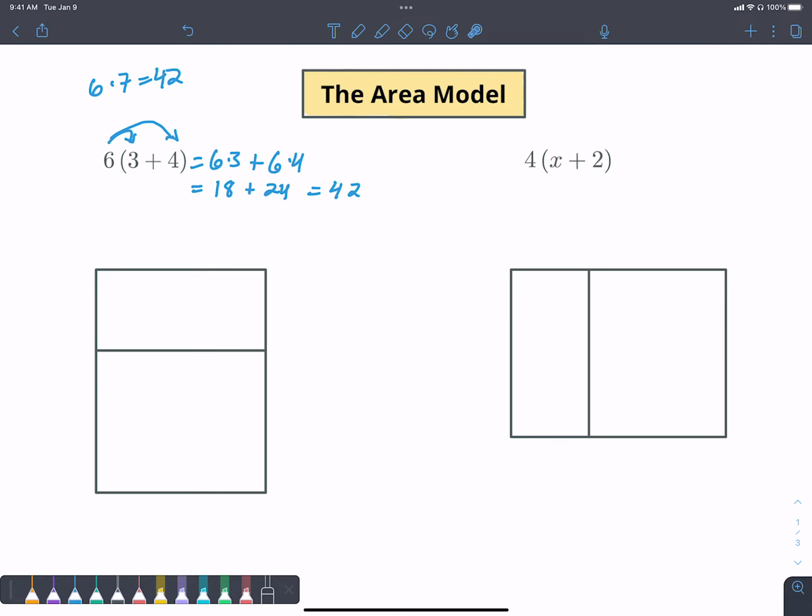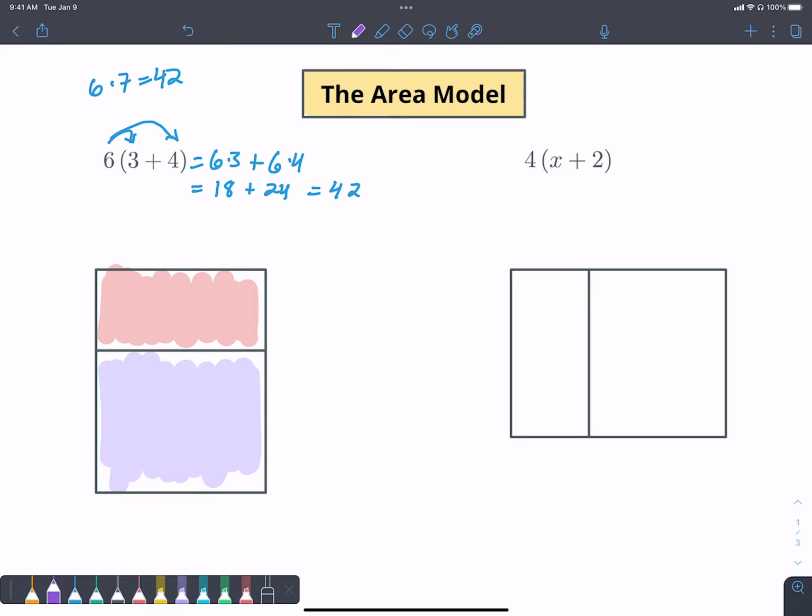I'm going to look at what happens if we try to find the area of the pink rectangle, and also the area of the purple rectangle, two different parts of this whole rectangle. We know if we find the area of this and add the area of this, we're going to end up with the area of the whole thing. So if we use these as dimensions for this rectangle, we can find that very thing.